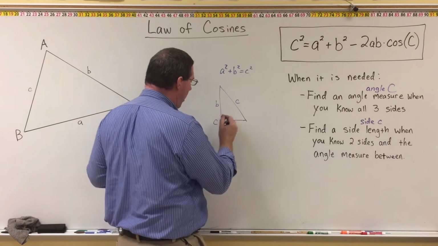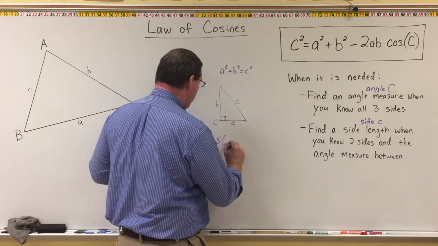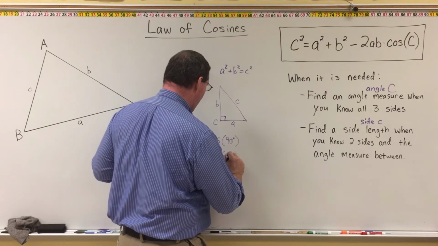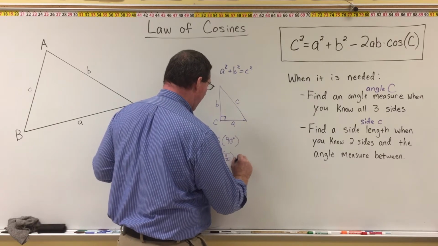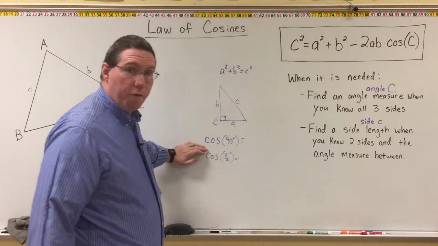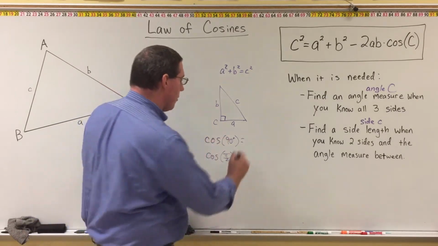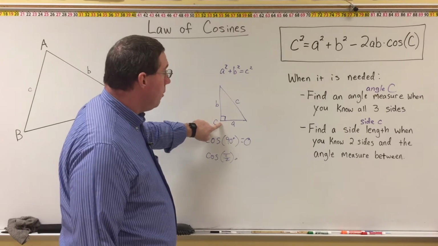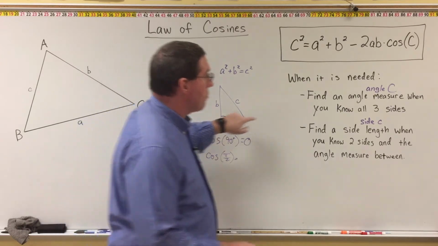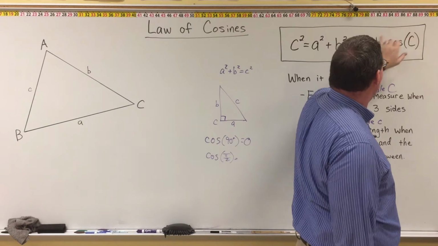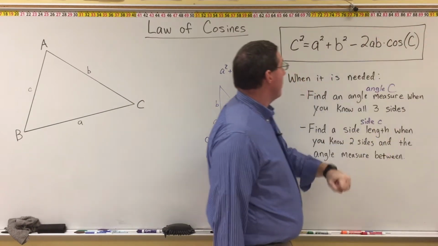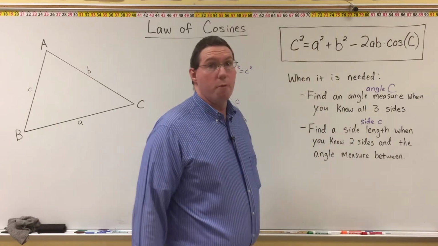Well, what is cosine of a 90-degree angle? It's the same thing as cosine of pi over 2. Do you recall from the unit circle that cosine of a 90-degree angle is 0? Therefore 2AB times 0 is 0, and minus 0 means it's not even there. And then we just get C squared is equal to A squared plus B squared.